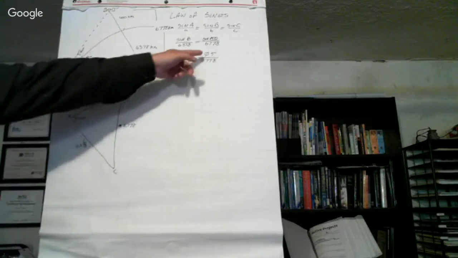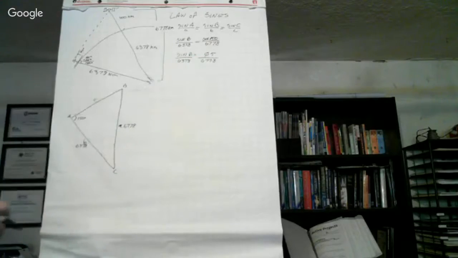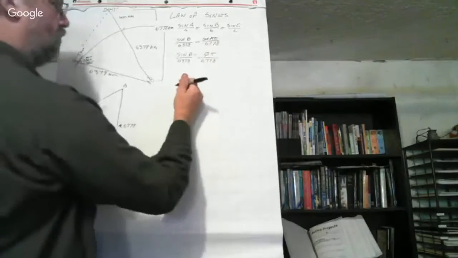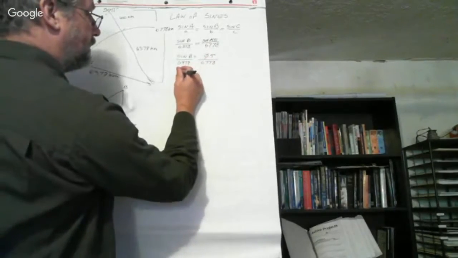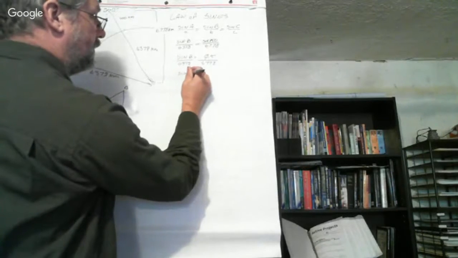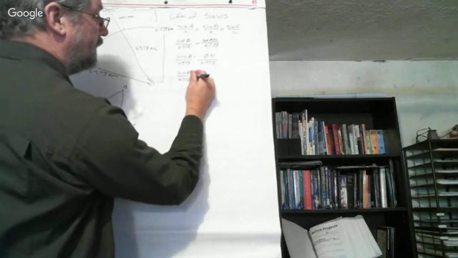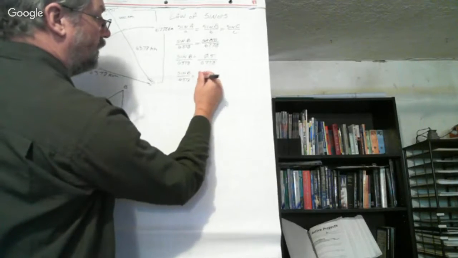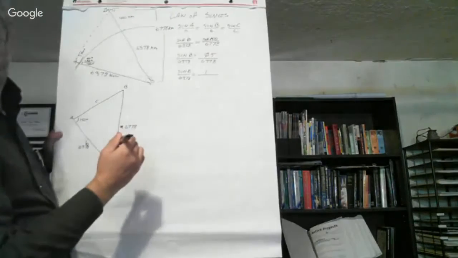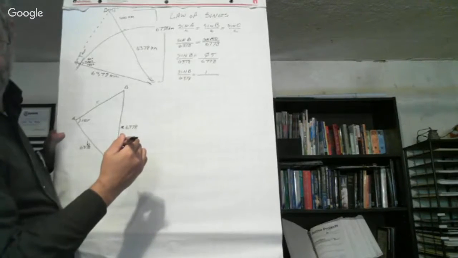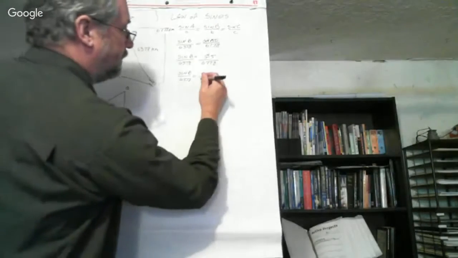So let's put a 1 over there. So let's multiply the whole thing by 2, and you get sine B over 6378 is equal to 1 over, I got to refer to my crib notes here, 13556.